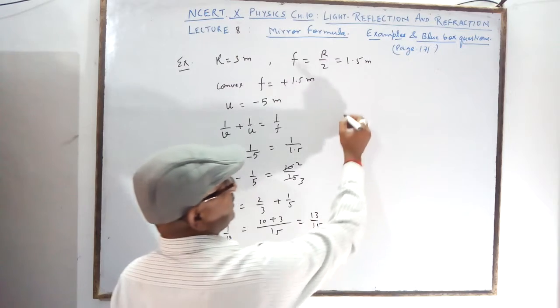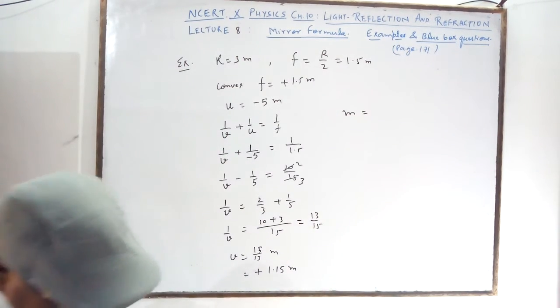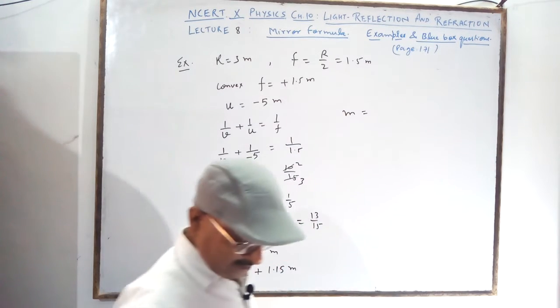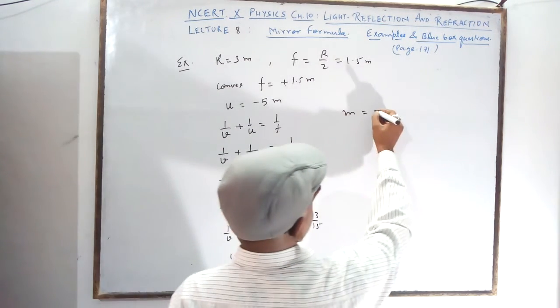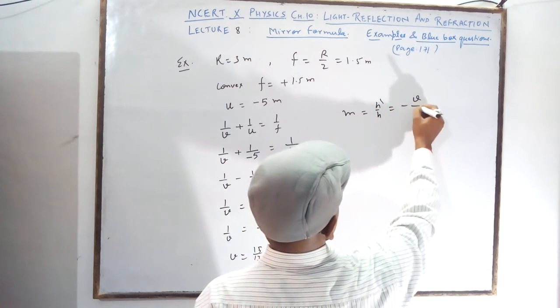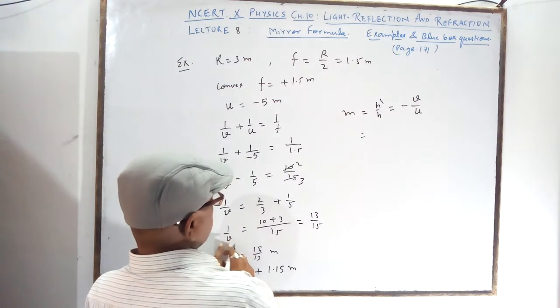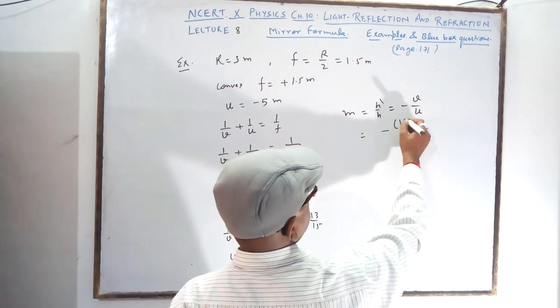Magnification: you will calculate the magnification for the nature. So magnification is equal to h dash upon h, or you can get directly minus v upon u. What is v? v is given 15 by 13. You can write minus 15 by 13.